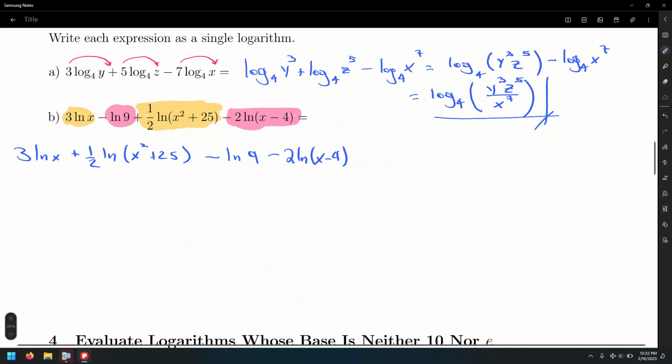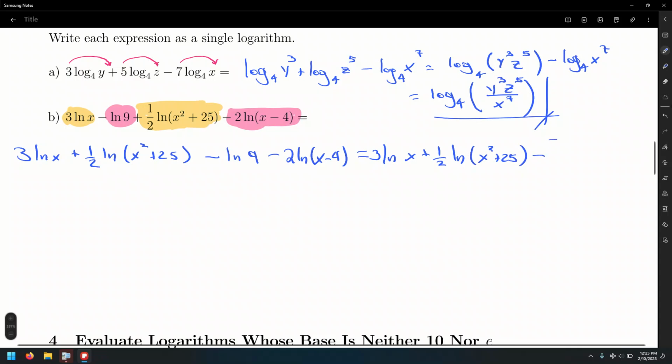And that's so we can easily see that the last two terms have a greatest common factor. And that greatest common factor is going to be the negative sign. So, okay, let me rewrite without doing any basketball. I know we can already do it. 3 ln of x plus 1/2 ln of x squared plus 25.